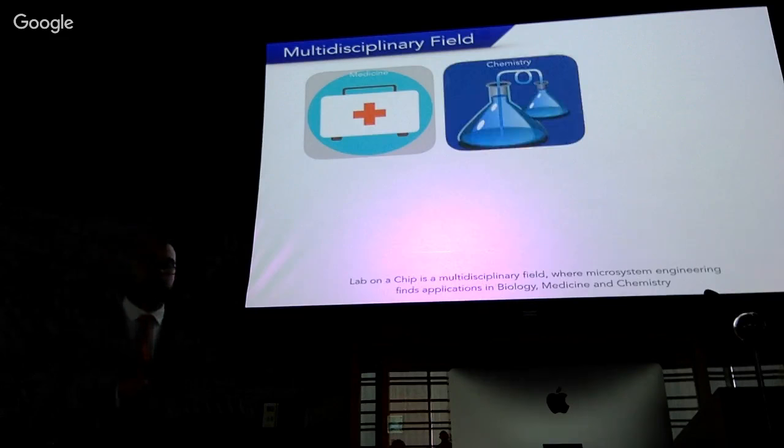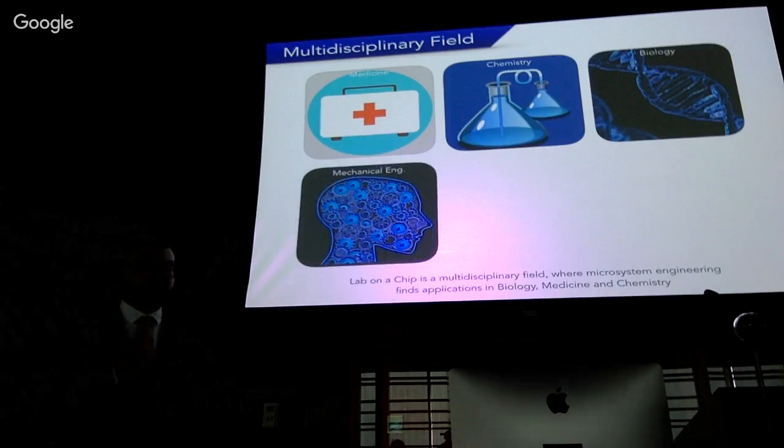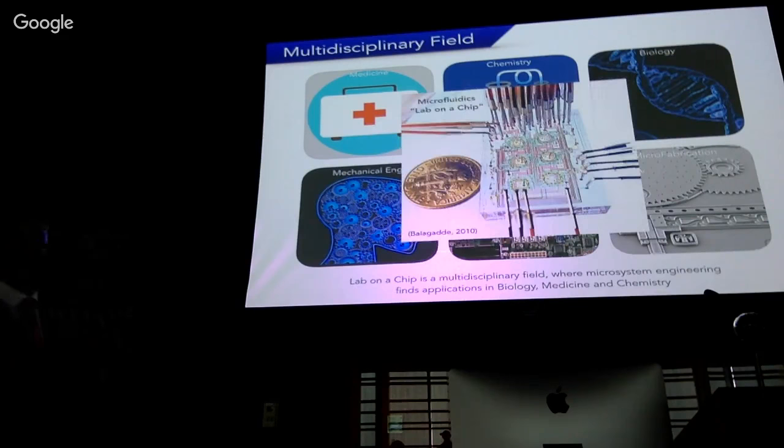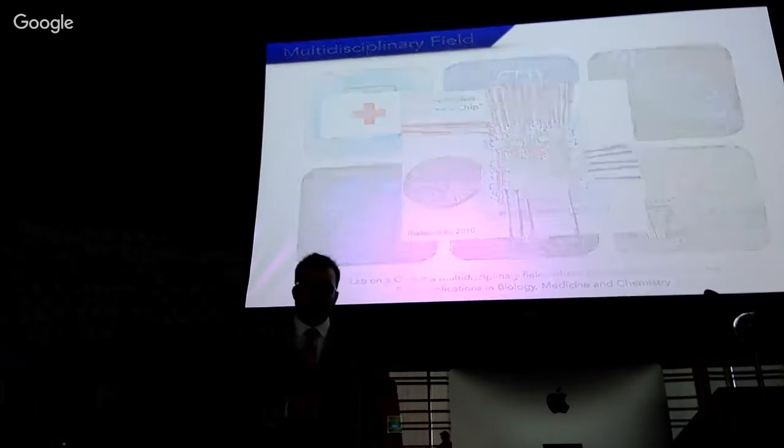It involves medicine, chemistry, biology, mechanical engineering, electrical engineering, and microfabrication. So we want to use these engineering technologies in order to develop applications in these areas. And these give birth to what we now call lab on a chip, which is the integration of these technologies into applications in biology and chemistry.